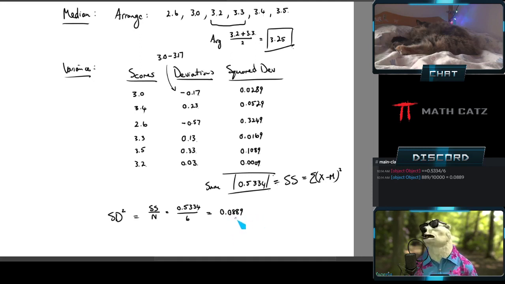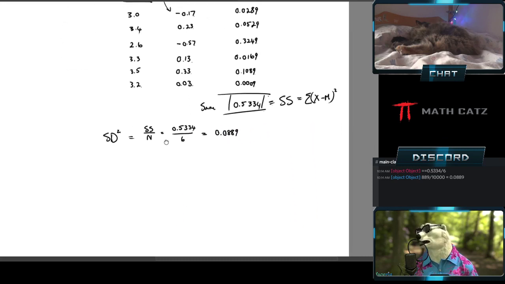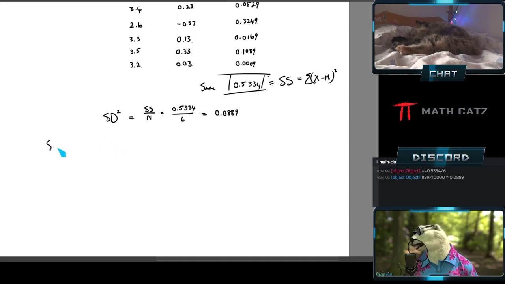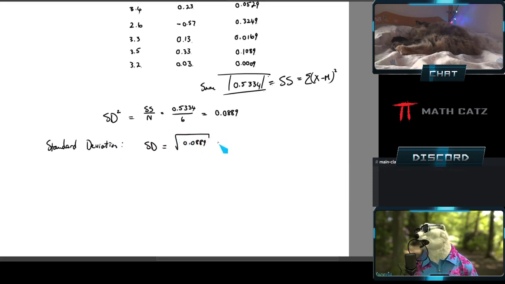If I had to round this, I could say it's approximately 0.089 if I want to round to two significant decimals, but let's not even bother. If it's a repeating decimal that goes on forever, I definitely want to round it. But the standard deviation is simply going to be the square root of this, and in this case, luckily, I have a terminating decimal.